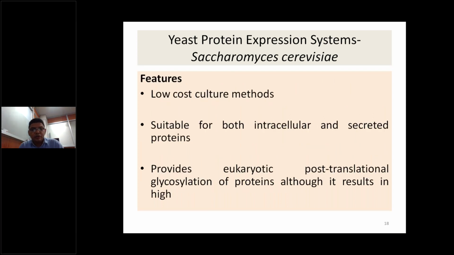What are the features of this particular expression system? They are again low-cost culture methods suitable for both intracellular and secretory proteins. One important difference from the prokaryotic system is that it provides post-translational glycosylation of proteins, and many eukaryotic proteins need post-translational modification for their actual activity.